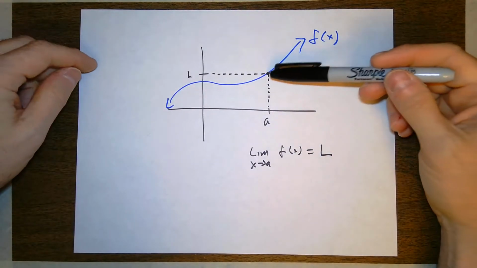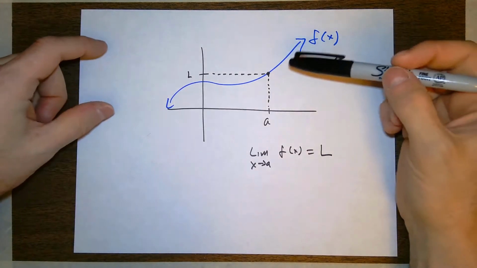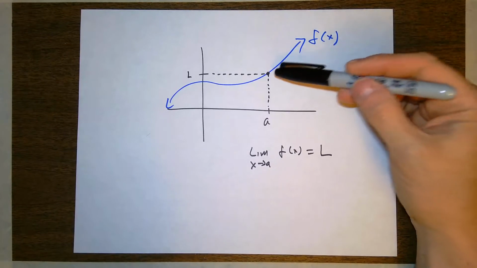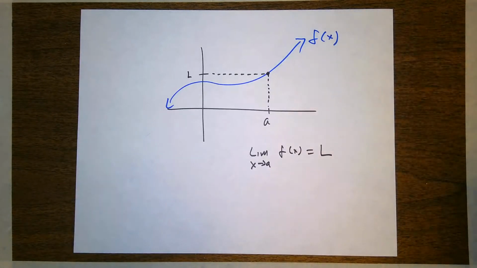Now let's explore this point here, because as we'll see, it may not even exist here. The function might not even exist at A. So there's really three possibilities that I want to take a closer look at.